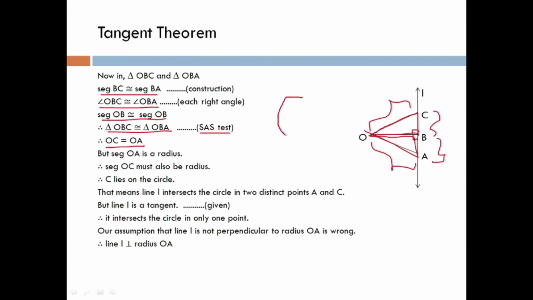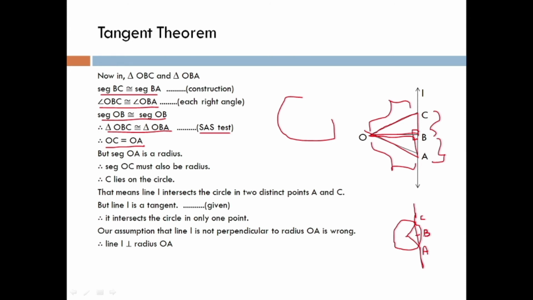Now suppose, I will draw a circle here, a small circle. This is O and this is C, this will be A. So these are the 2 points which will lie on the circle, and since B is the point in between them, we can just draw a line passing through these 2 points and B is lying between them.